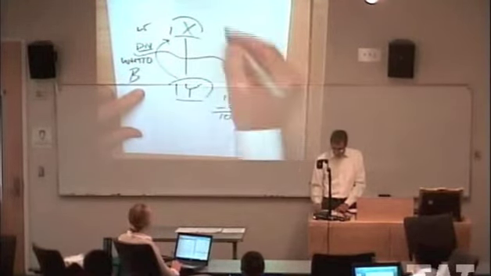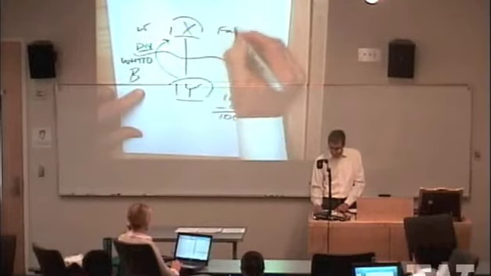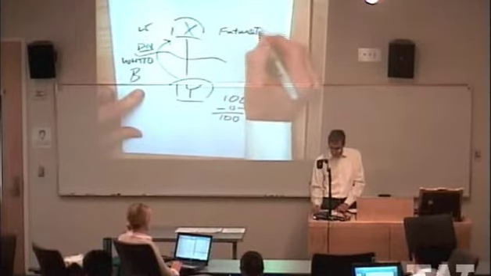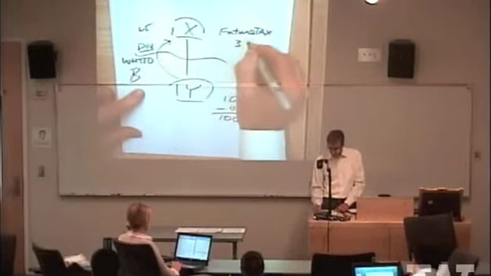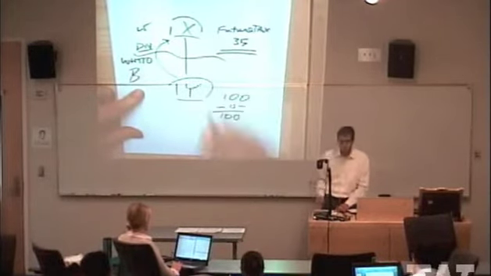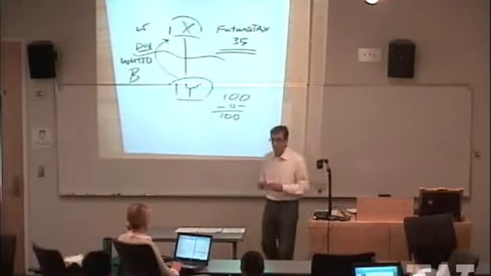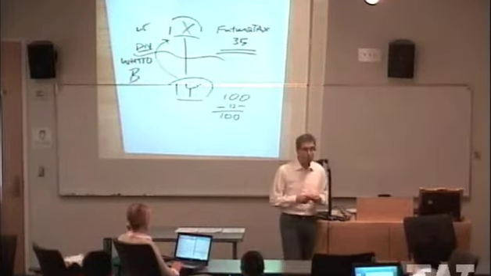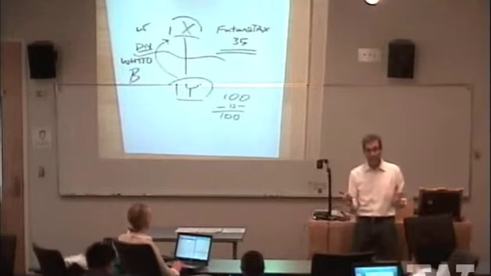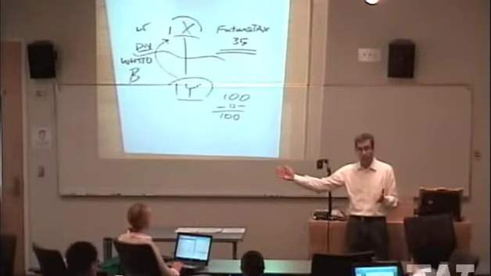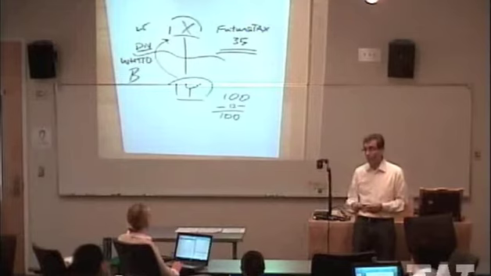So there's future tax when the dividend is paid of 35. Future tax of 35. We're not paying any today, but in the future, at some point, we're going to have to pay it.